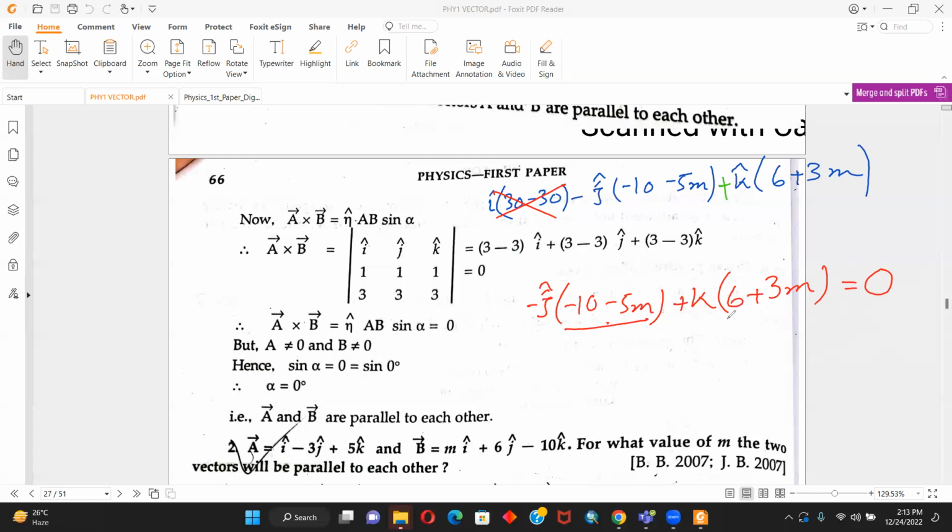So that means minus 10 minus 5m equals 0. So we will get 5m equals minus 10, or m equals minus 2.